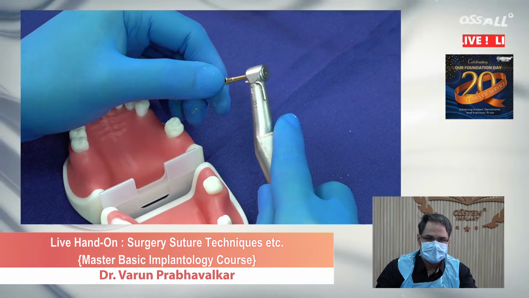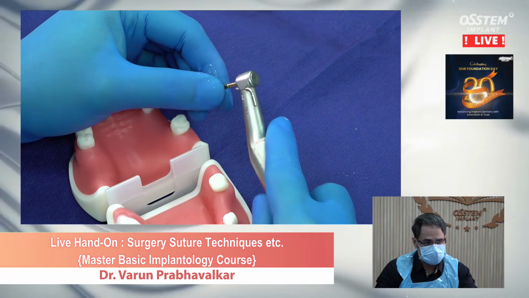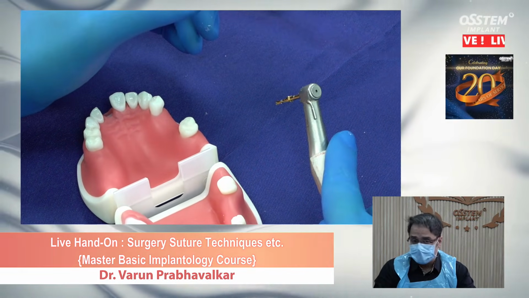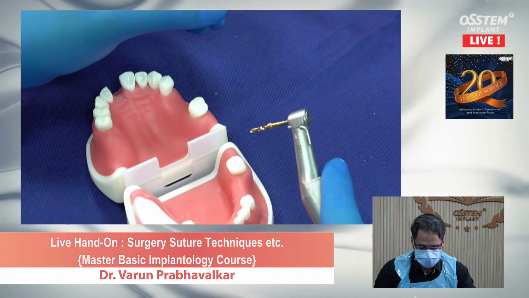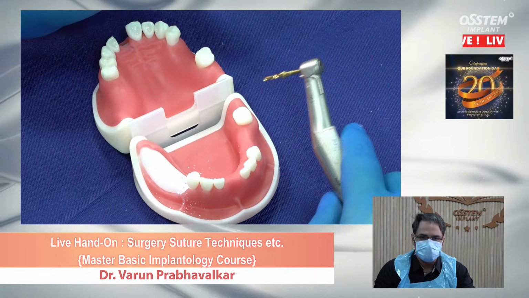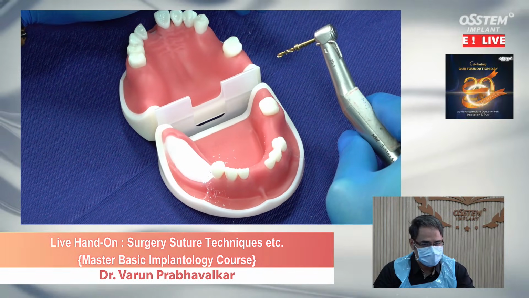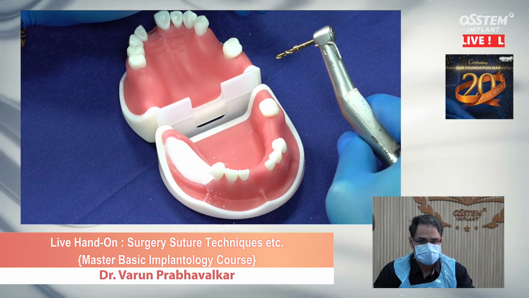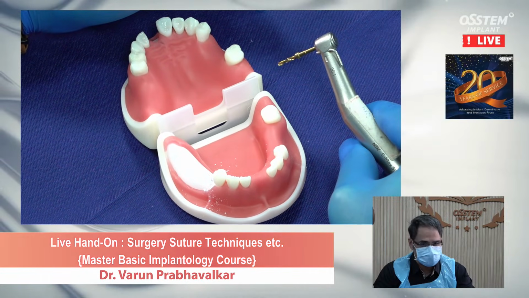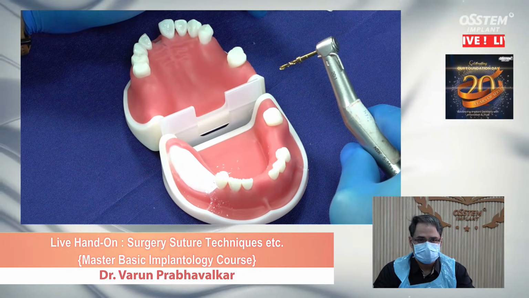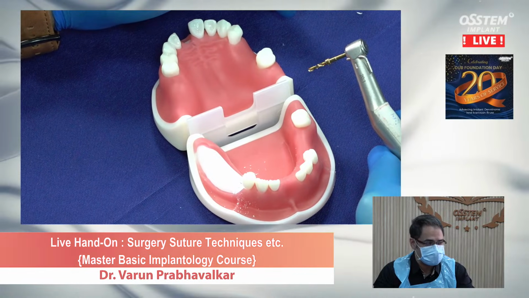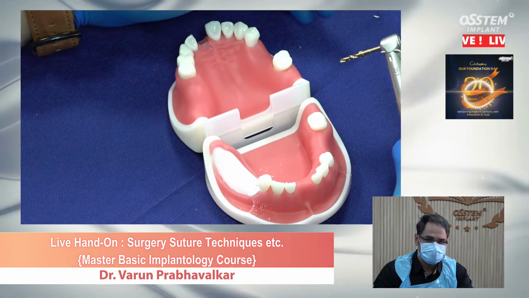And if our verification is complete and we are satisfied with the verification with the paralleling pin, all we have to do later after this is a passive osteotomy. That means we are just going to increase the diameter of the osteotomy, and that is done without applying any pressure during the osteotomy. Just observe this thing.